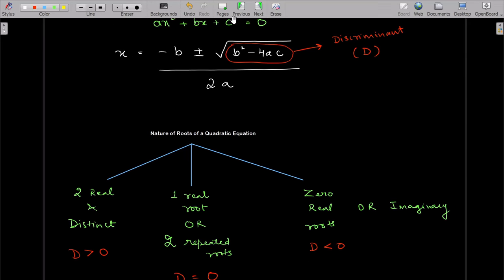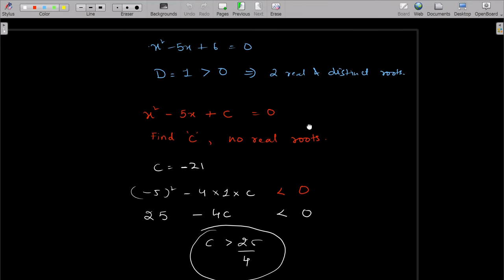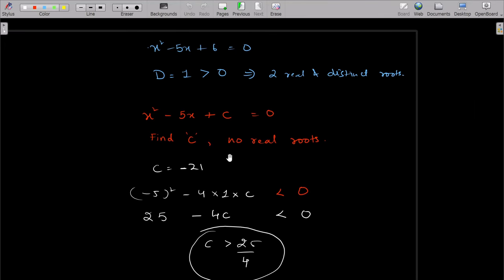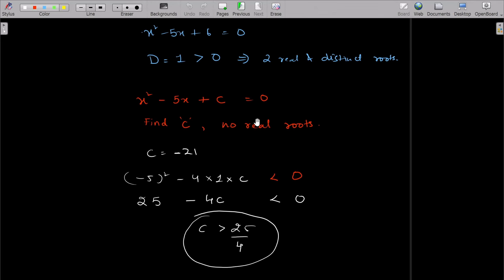Now if you remember, we did this question where they had given an equation, x square minus 5x plus c is equal to 0, and we had to find out c when there were no real roots. Now the same question can be created like this. You have the same equation and they'll say find the value of c if the graph of this parabola does not touch the x-axis.